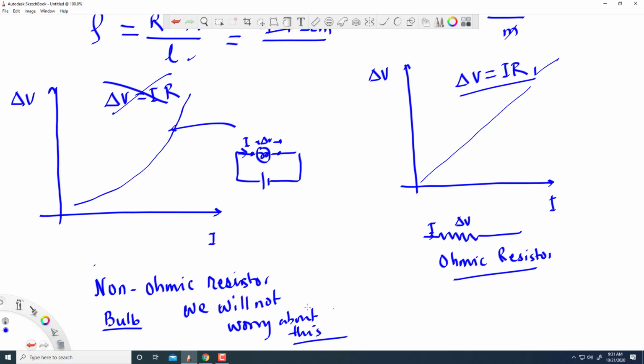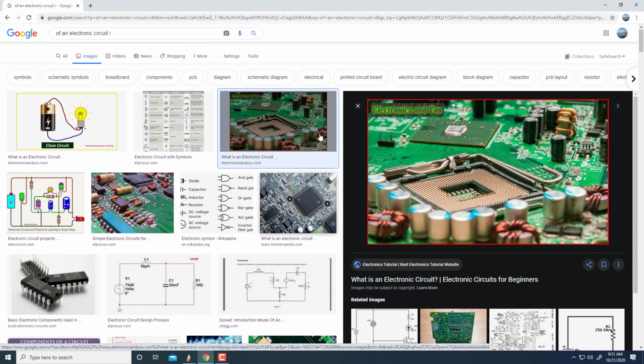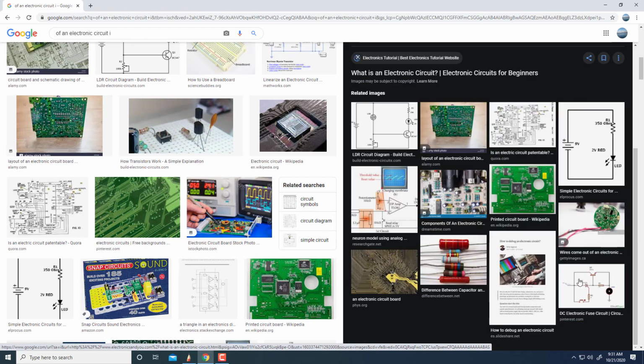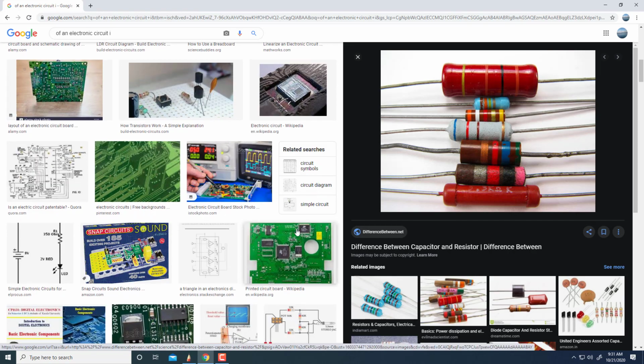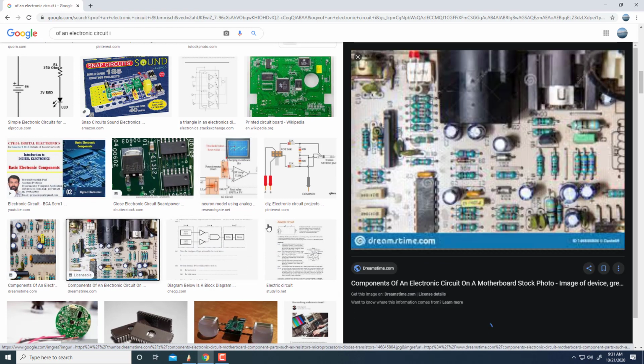Okay, so you now know the function of resistors. Resistors control the current. If you look at the circuits, you will see lots of resistors in the circuit. So these are the resistors, different kinds of resistors, and they all follow Ohm's law. And if you see the circuit board, you will see lots of resistors there.